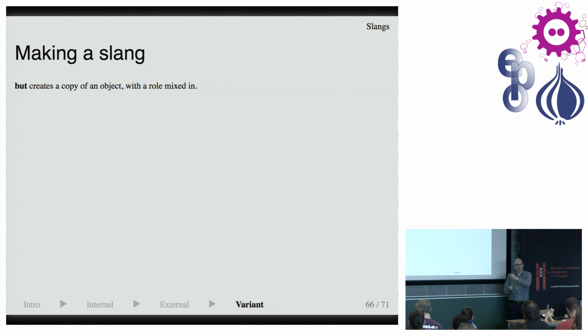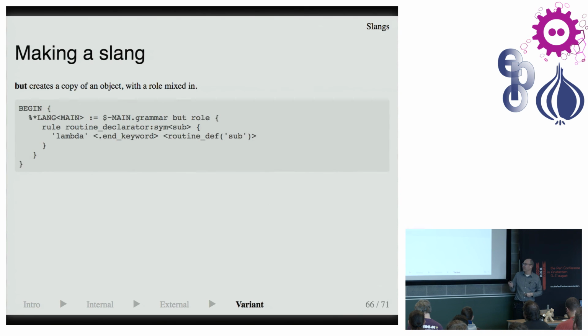And you can do the same thing with grammars, where you can override a few tokens in a grammar. So long story short, you say $*LANG<MAIN> but the new grammar, and this is what my subs look like. They start with lambda instead of starting with sub. So that's a long explanation for something that makes sense at the end, but just changes one little piece of it.